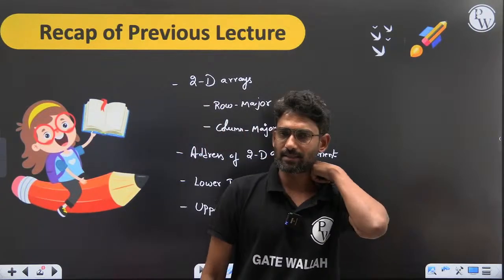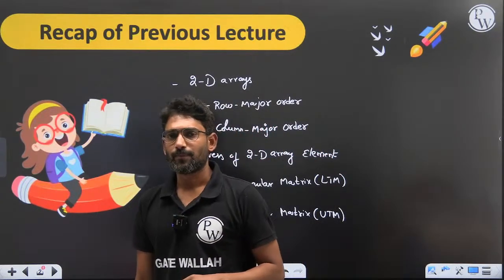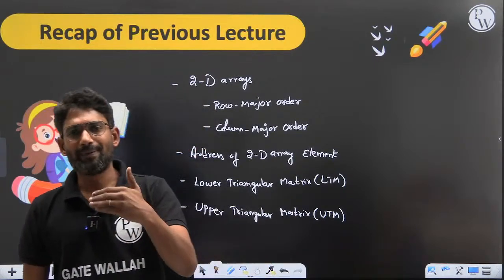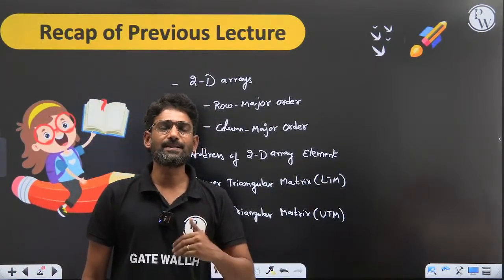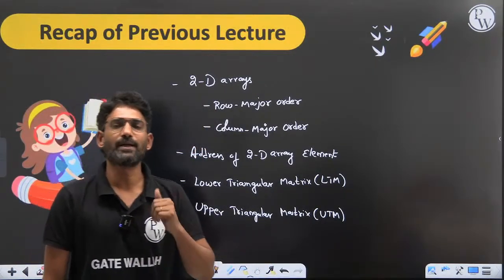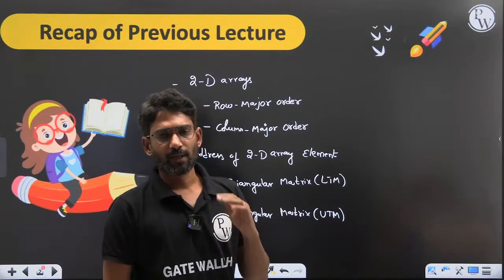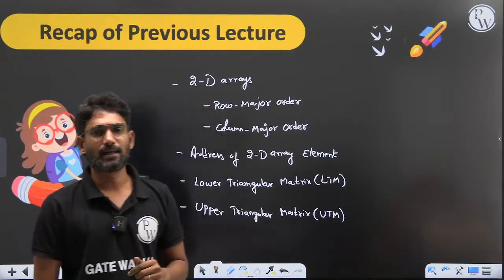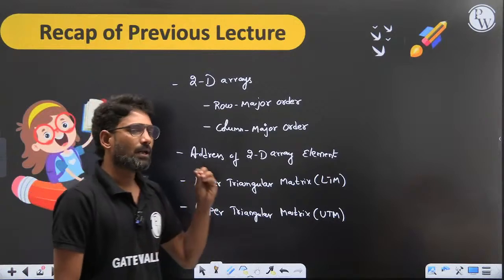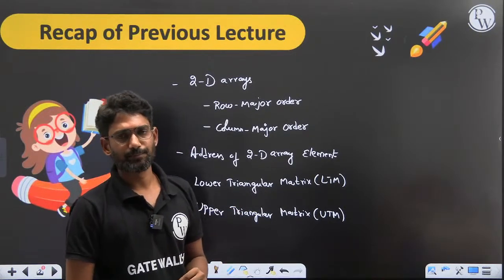If the elements in a 2D array below the principal diagonal, including the diagonal, are non-zero, and above the principal diagonal are 0, then you call it a lower triangular matrix.